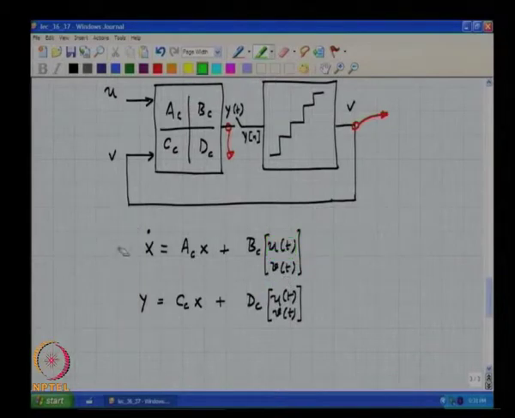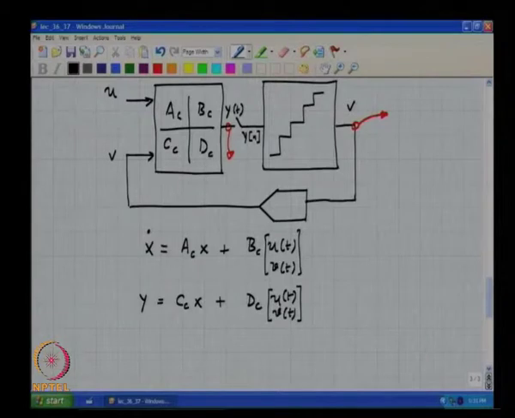So, what one should observe are a couple of things. One, of course, is that v of t is v of n passed through a pulse shape p of t. All right.